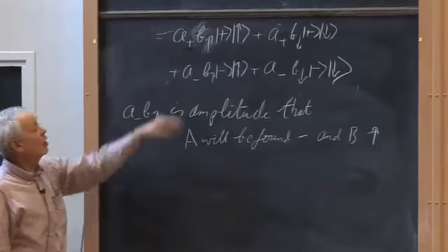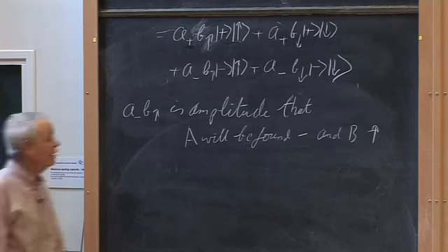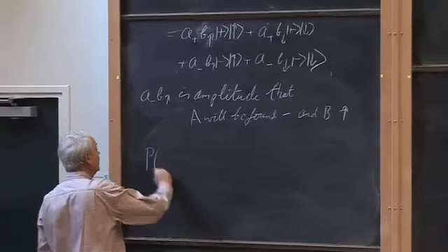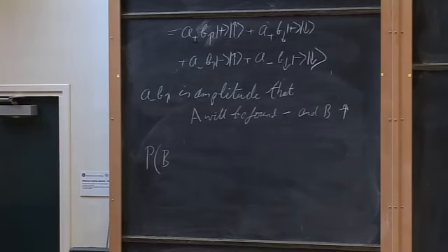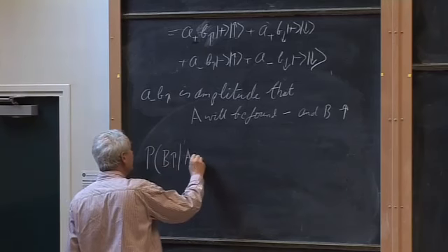But what I'm trying to show is that this state is not the most general state, okay? And the way I'm going to do that is I'm going to calculate the probability that B is up given that A is in the plus state.